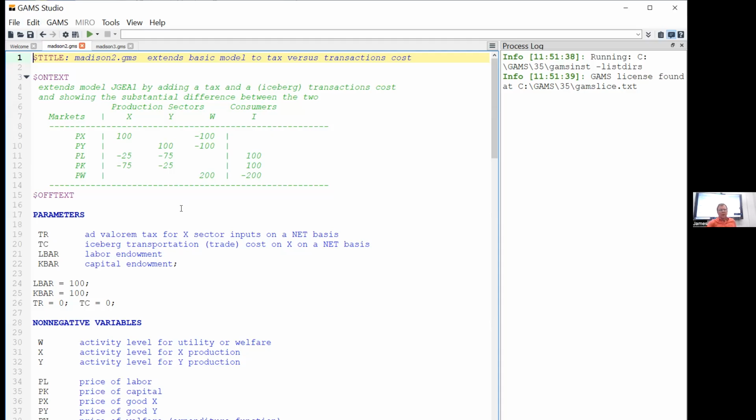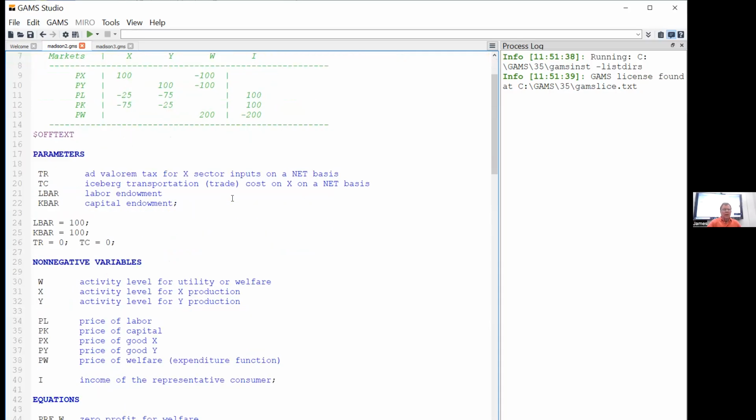So this is our little two-factor example in the Hicksian framework where utility or welfare W is treated as a produced good. And I'm going to introduce two additional parameters. One is an ad valorem tax on the inputs into a sector.